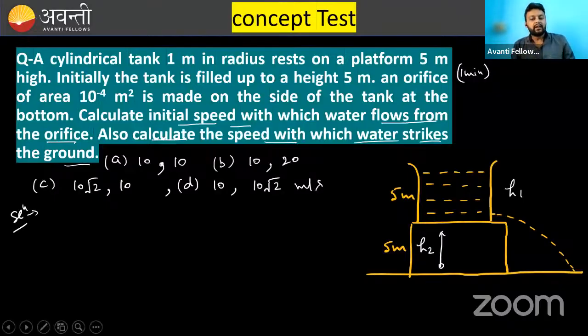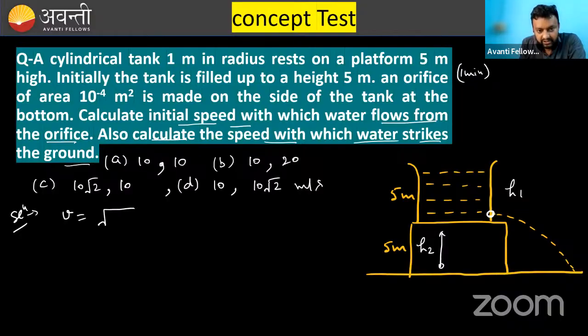Now, the orifice is made near the bottom of the container. So what we have learned, velocity of efflux V is equal to root 2gh, where h is the depth of the orifice from the surface of the liquid.